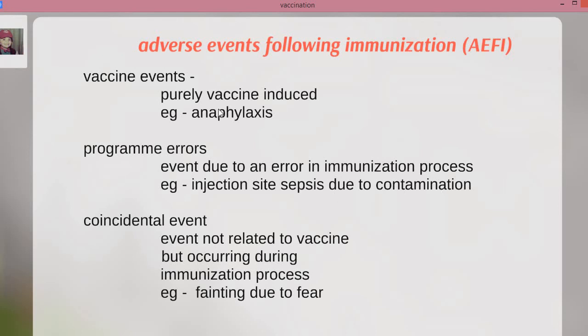It is not directly related to the vaccine. It is due to poor skin preparation or using septic methods rather than aseptic methods. Coincidental events are not related to the vaccine but occur during the immunization process, for example fainting due to fear of needles.